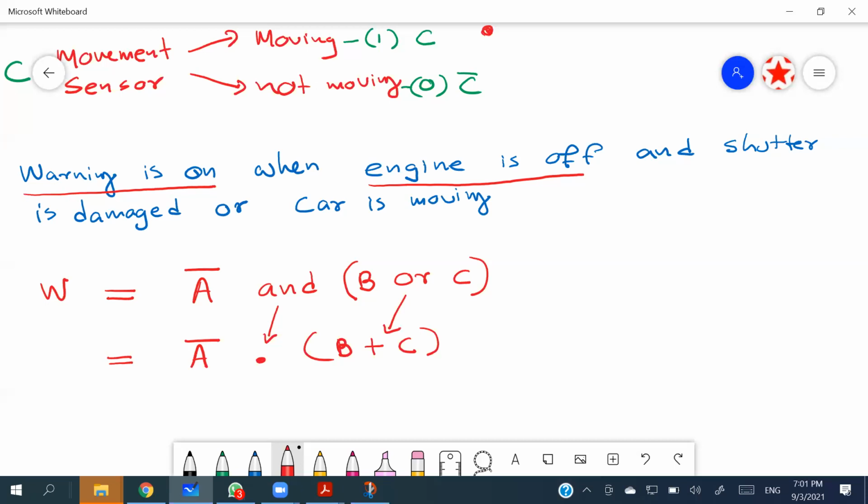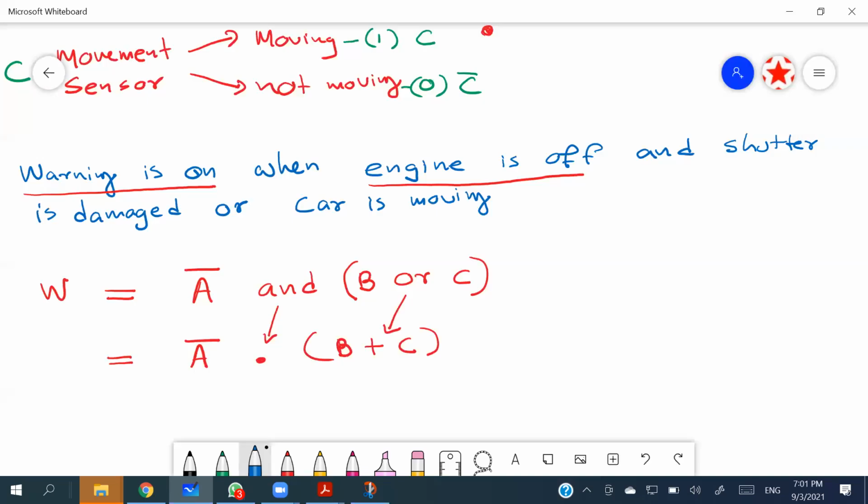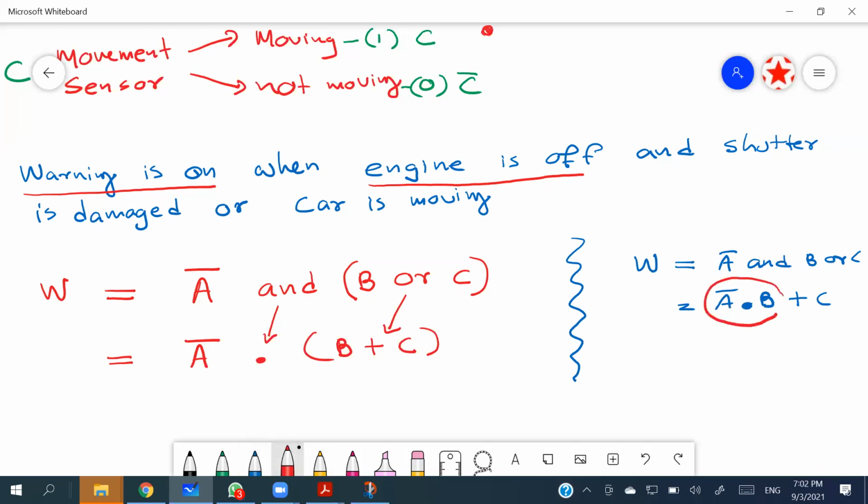Now I'll show you what happens if you forget the brackets. Right? If you write it like this, W equals A bar and B or C, like this, you are going to have A bar dot B plus C. Now, in this case, A bar dot B is going to indicate one big bundle, and C is going to be considered as a separate thing.